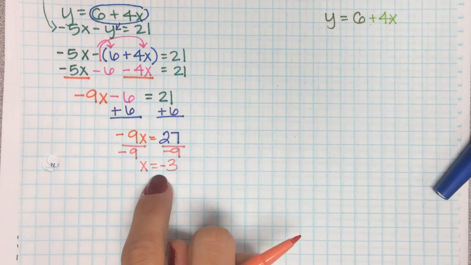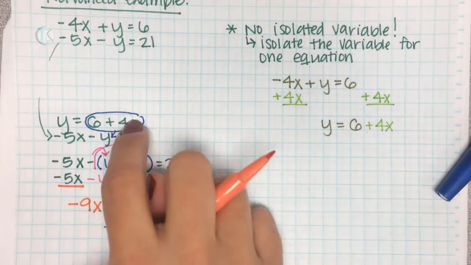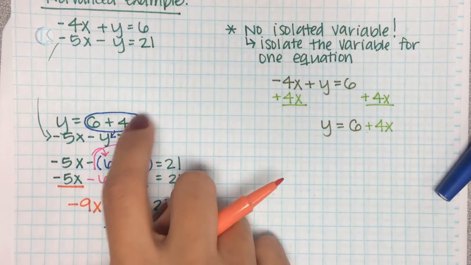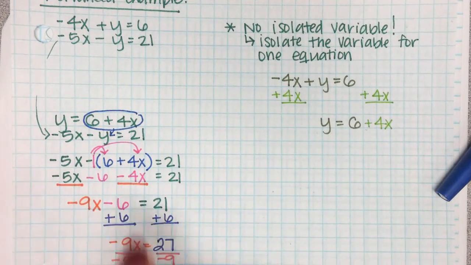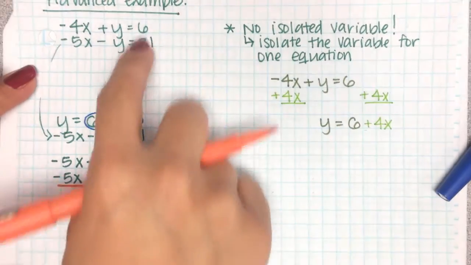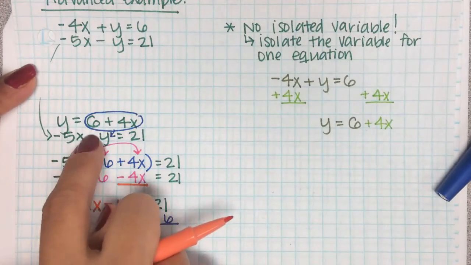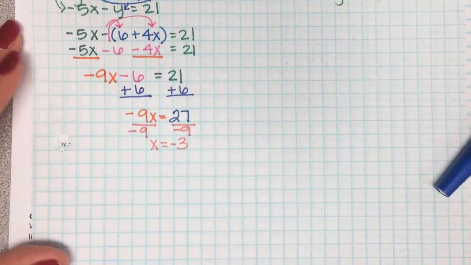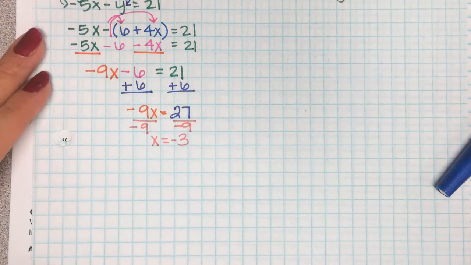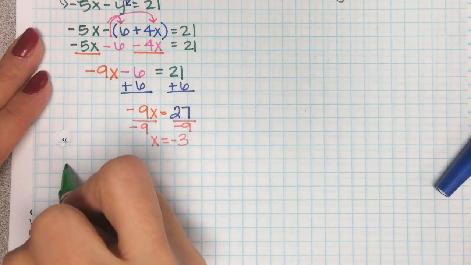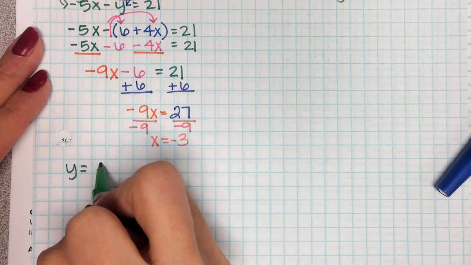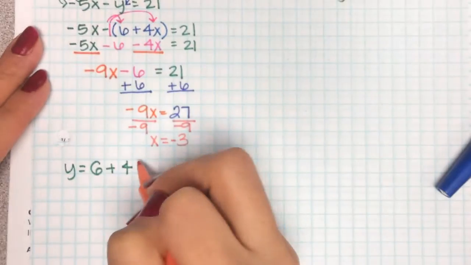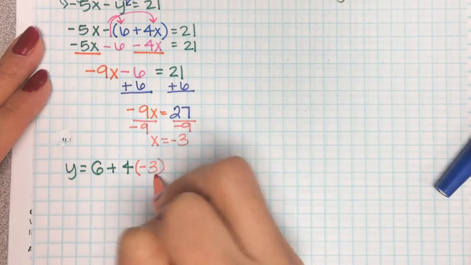Now that I have my x value, I'm going to go back to my original equation and substitute negative 3 in for x. And I can go ahead and use this one as opposed to one of these up here because it's the same thing, I just rewrote it. So that's y equals 6 plus 4 parentheses negative 3.